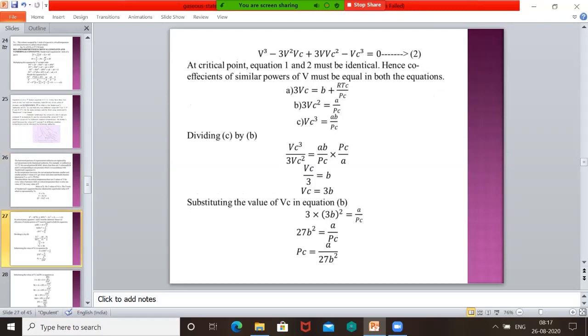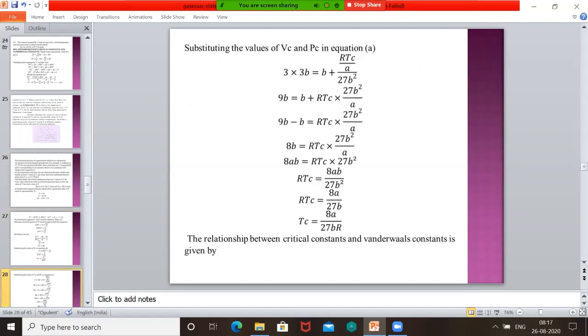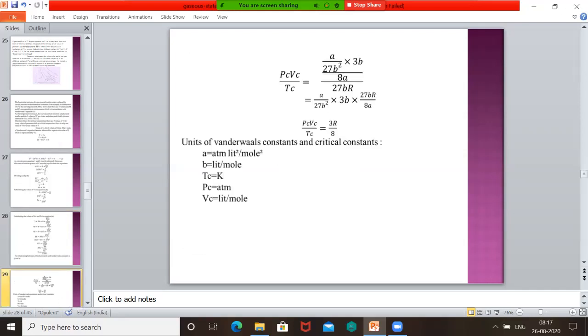B is equal to this, C is equal to this, we are dividing C and B, and we get the value of Vc. You substitute Vc in equation B, you get the value of Pc, and similarly you get the value of Tc here, 8A by 27Rb. These are the values of critical constants, or relation between critical constants and Vanderwaals constants.